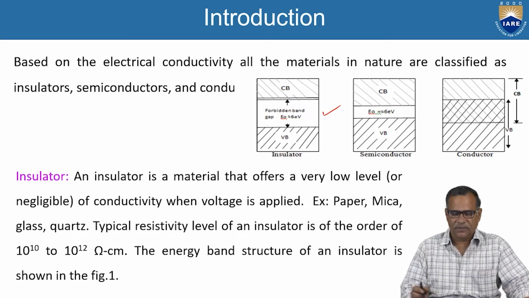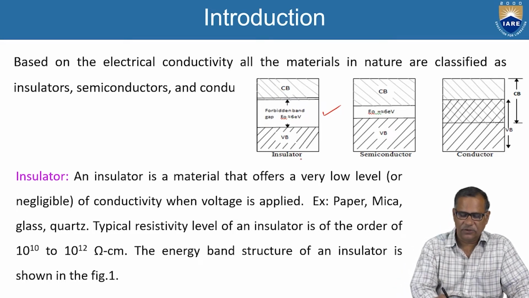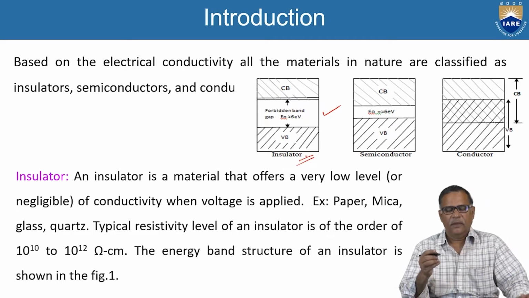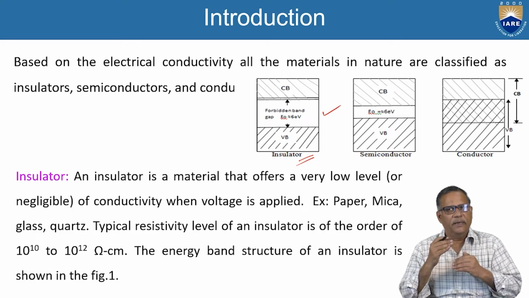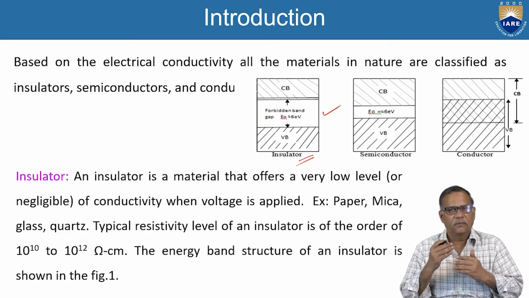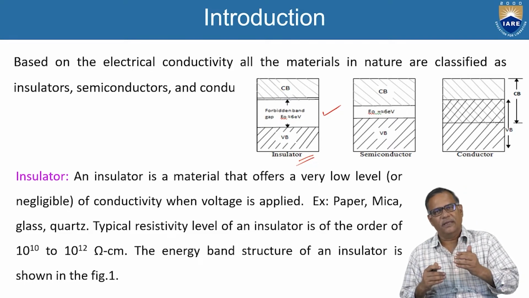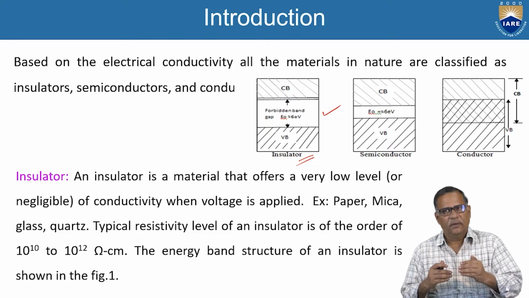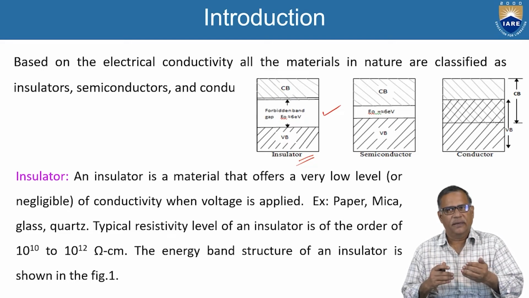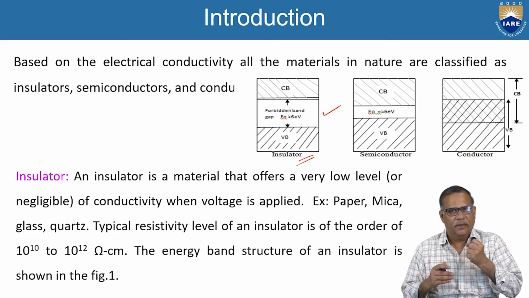The energy band structure of an insulator is shown in this figure, where the gap between the conduction band and valency band is approximately 6 electron volts.